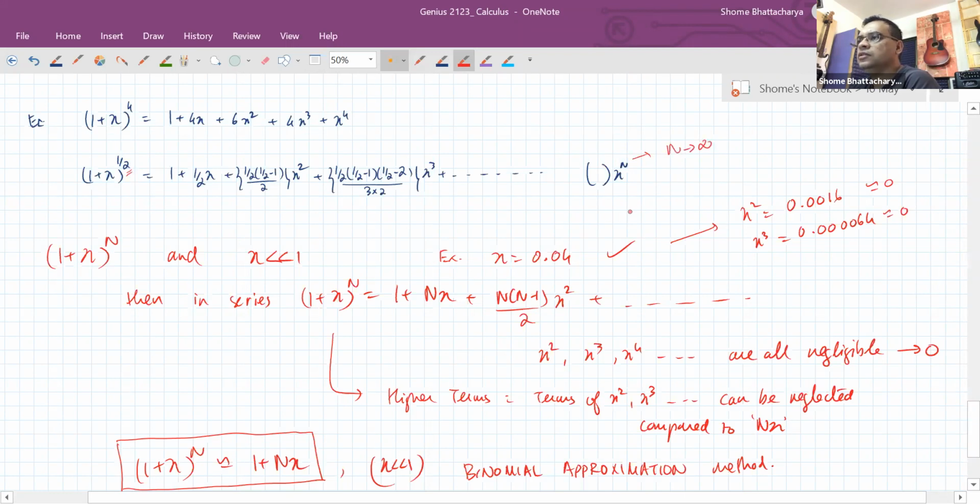You're getting my point now? Okay, sir. So this means the series is like 1 plus half x plus some coefficient times x², plus some coefficient times x³, plus some coefficient times x⁴, and the series goes on and on. Whereas when this is a whole number, or a natural number, then the series stops when x's power reaches that natural number.